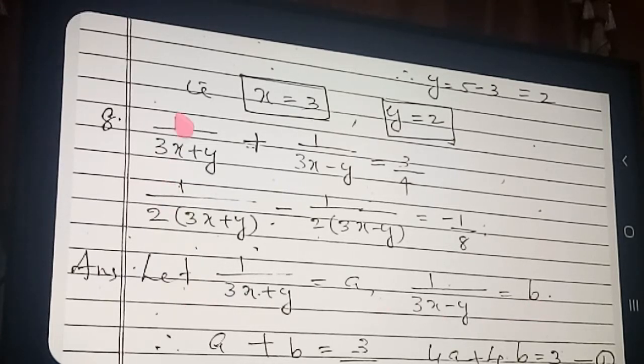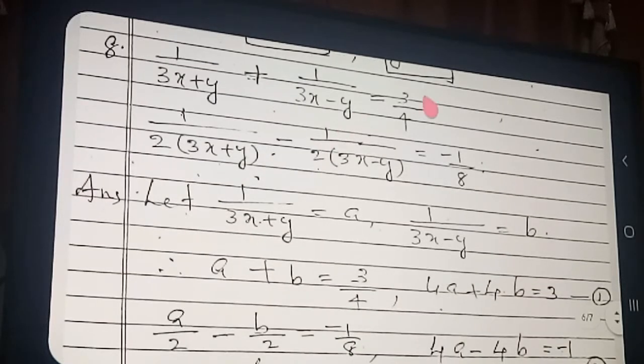Yes? So this whole term we have taken as A, so A plus B, this 1 by 3x minus y you have taken as B. It's equal to how much? 3 by 4. Okay? Perfectly getting now? Yes. Now cross multiply. 4A plus 4B is equal to 3. Okay? Equation number 1.